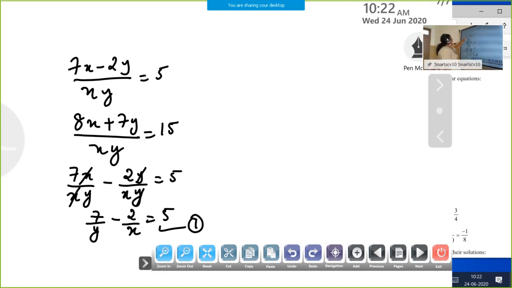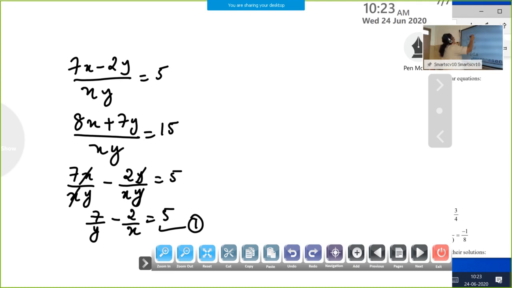Divide each term by xy, that is 7x by xy minus 2y by xy. In the first term x and x cancel, so it is 7 by y. In the second term y and y cancel, so it is 2 by x.